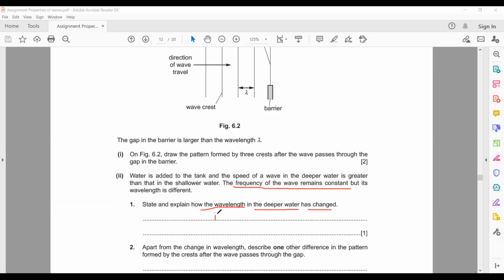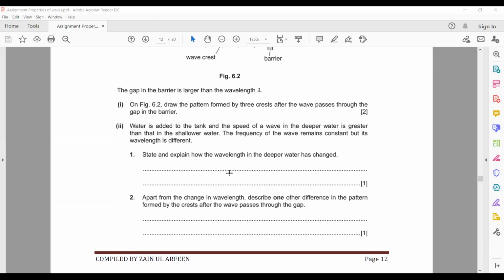What will happen to the wavelength as it moves in a deeper region? The wavelength will increase. Speed will also increase, but the ratio remains the same. So frequency is unchanged.